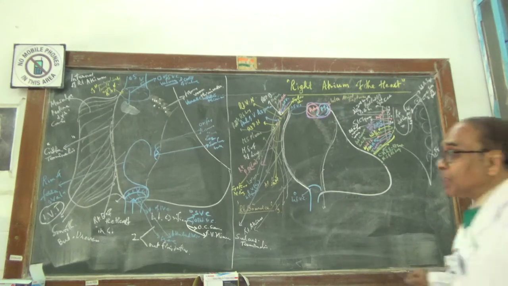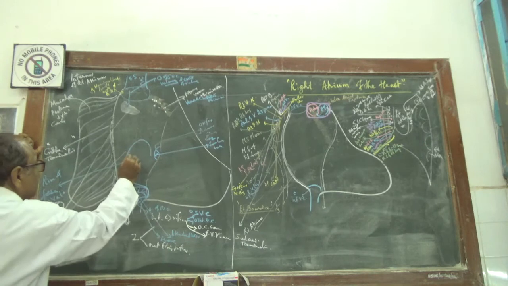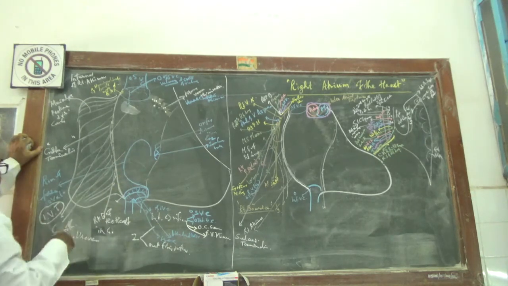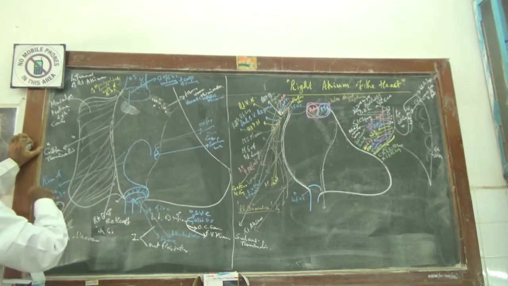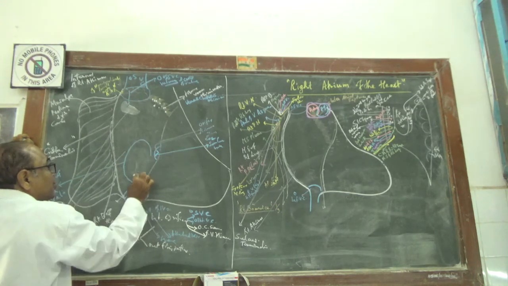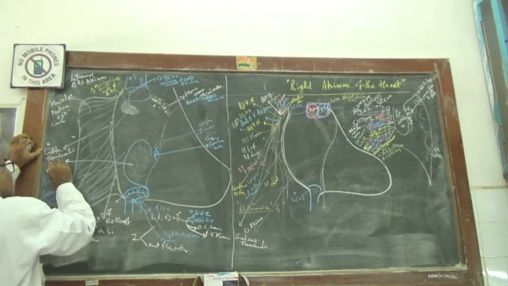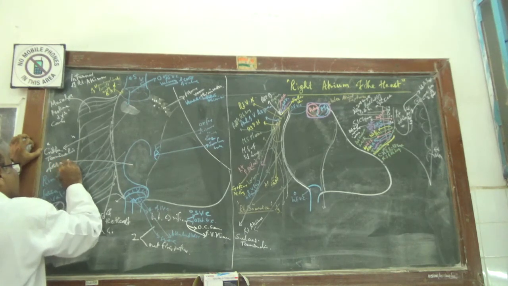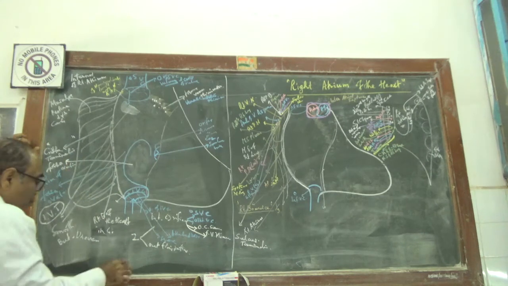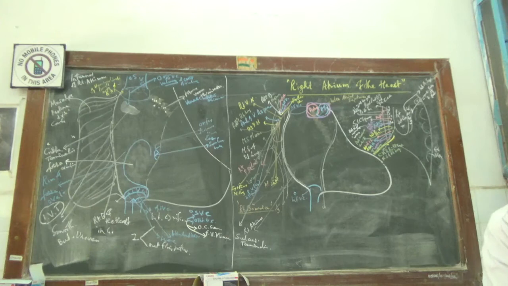Now you are going to have this, the limb of the fossa ovalis. Now what is the fossa ovalis? So this is the fossa ovalis. It is the part which is almost oval in shape.